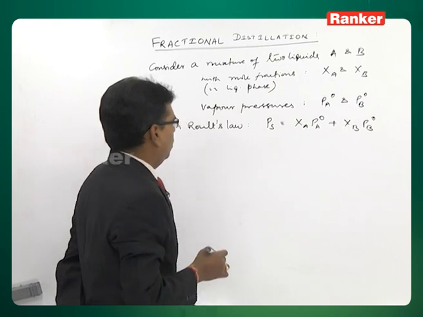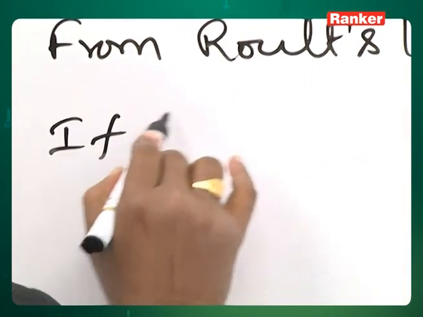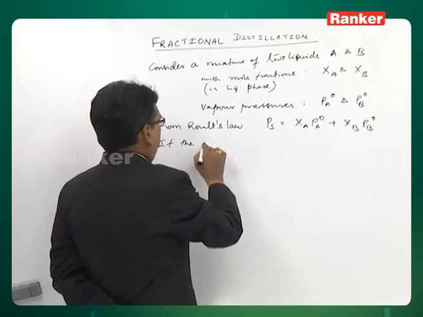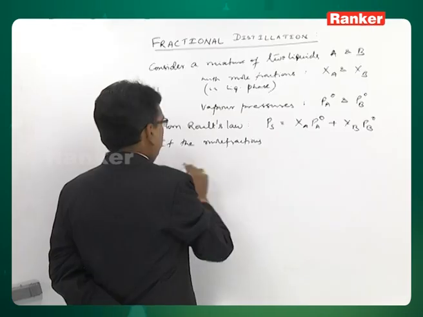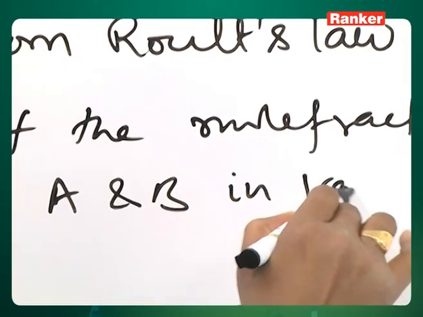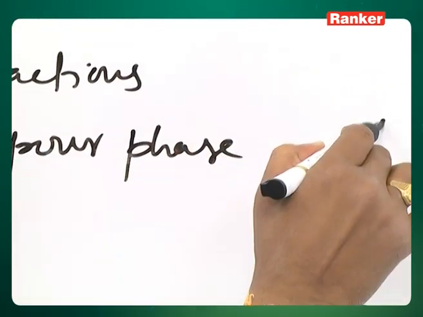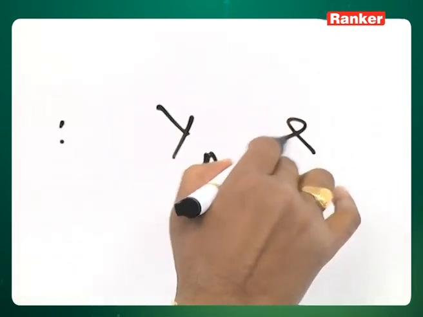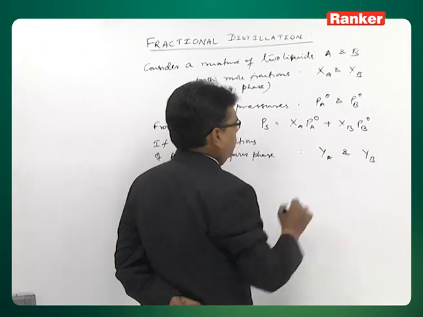Now, if the mole fractions of A and B in vapor phase are Y A and Y B, this P S is equal to X A P A naught plus X B P B naught.